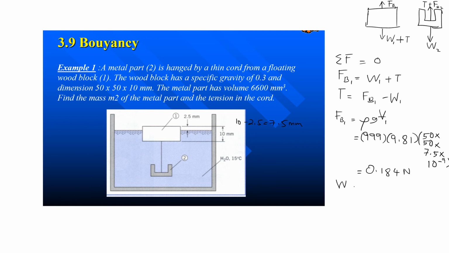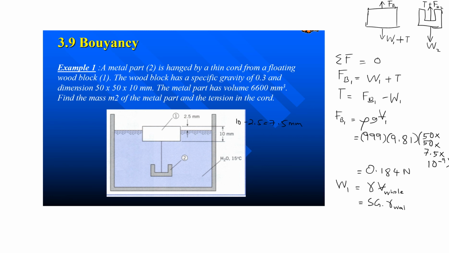For the weight of the wood block, it should be the whole wood block. Since we have specific gravity here, we can use specific weight times volume. This volume is the volume of the whole wood block, and this is the specific weight of the wood block. So you can use SG times the specific weight of water.